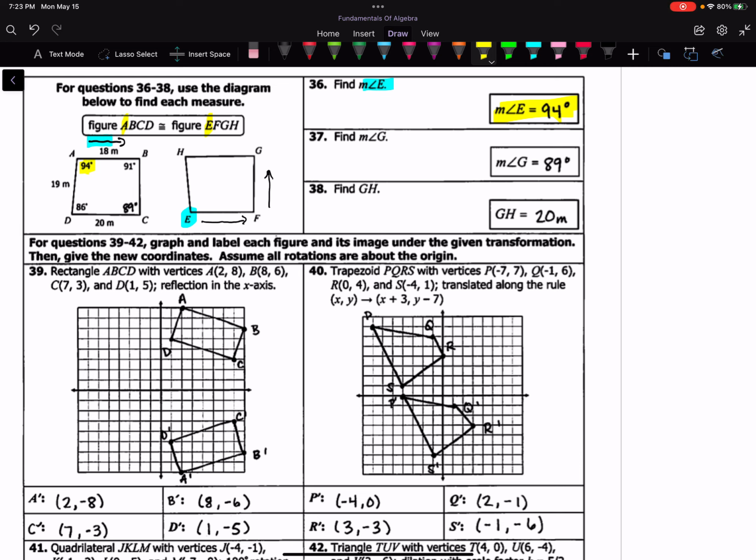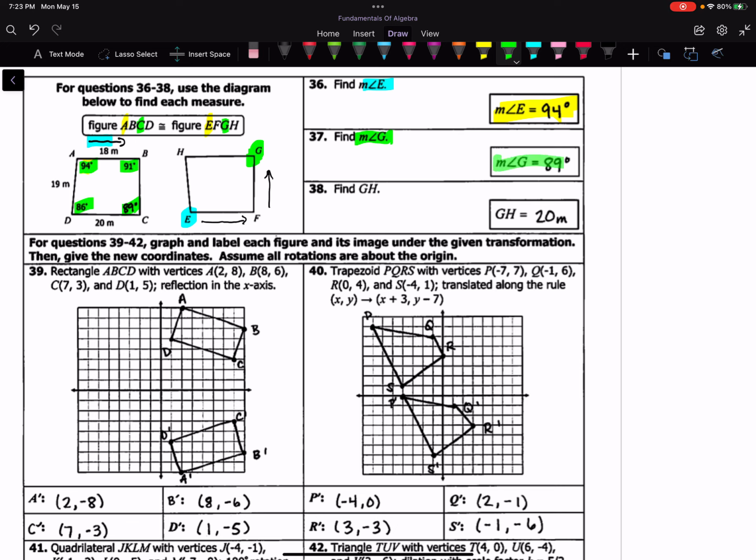Now let's take a look at the measure of angle G. Angle G is right here, and G is the third one, so its partner is C, which is 89. But how did we know 89? We had to use our 360-degree rule for quadrilaterals, subtract the 91, the 94, and 86, and we end up with 89.